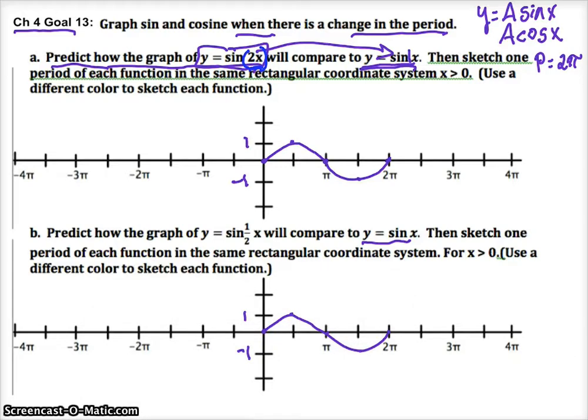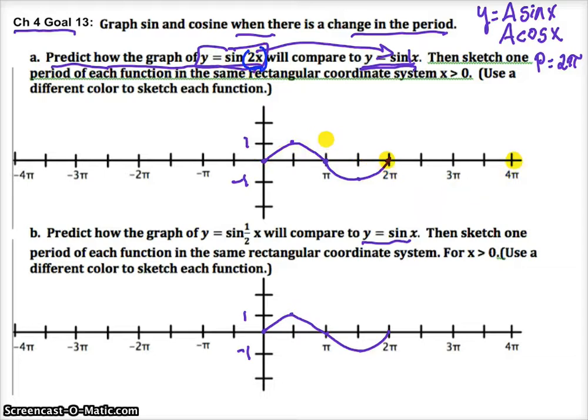If it ends at 2x, did you multiply and get 4x? If it has an x-intercept at pi, did you multiply by 2 and move that x-intercept to 2 pi? Did you double the period? Well, if you did that, I'm afraid you would be incorrect. And let's talk about why.